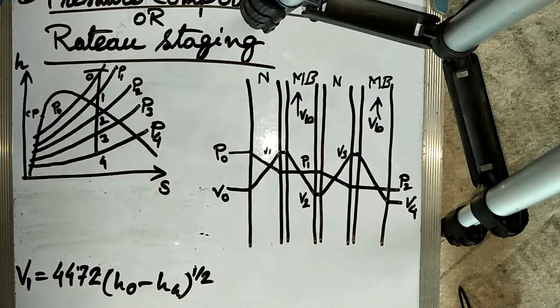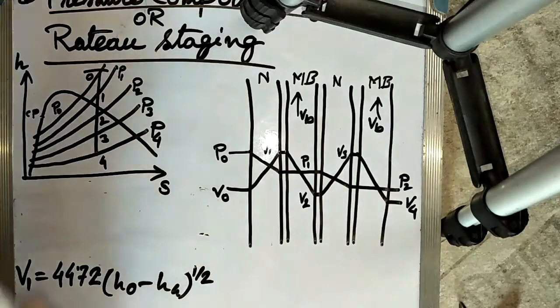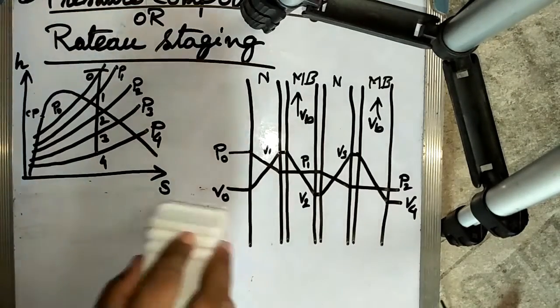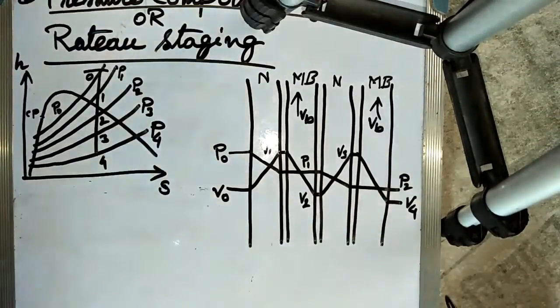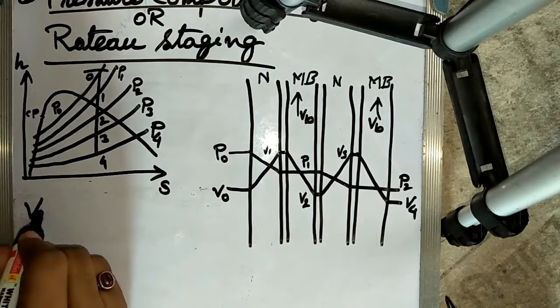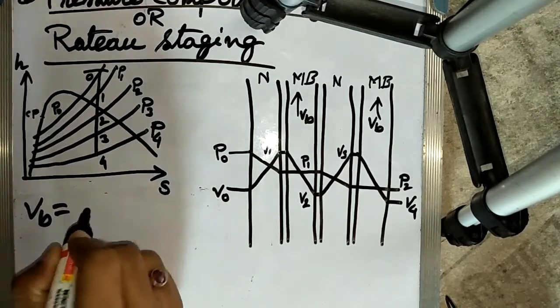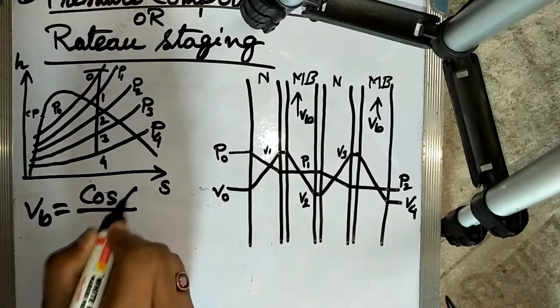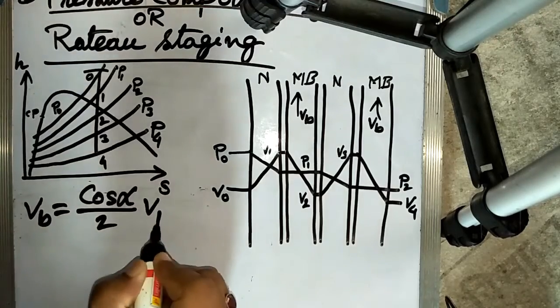So for each impulse staging operating at its maximum blading efficiency, the blade velocity will be given by Vb equals cos alpha by 2 into V1.